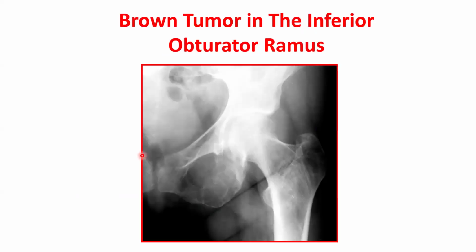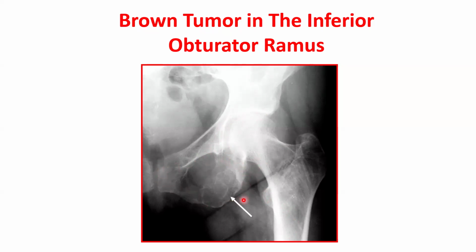Okay? So let me show you another plain X-ray of the left hip joint of a patient with primary hyperparathyroidism. Here you can notice the head of the femur, the neck, the greater trochanter, the lesser trochanter, the shaft, and this is the acetabulum, and this is the pubic bone.